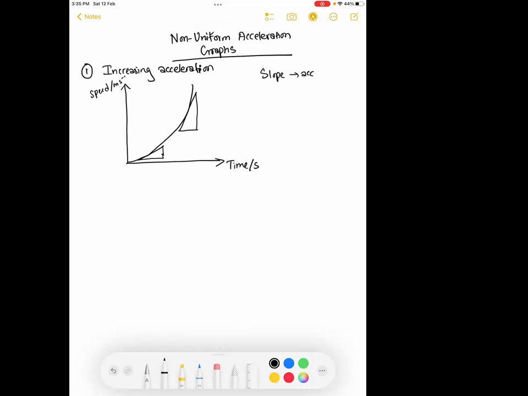Here the slope is less, and here the slope is higher. The gradient will be higher on top, because on top it's more steep. That's how you can easily recognize that the slope is increasing. That means the acceleration is increasing, okay?